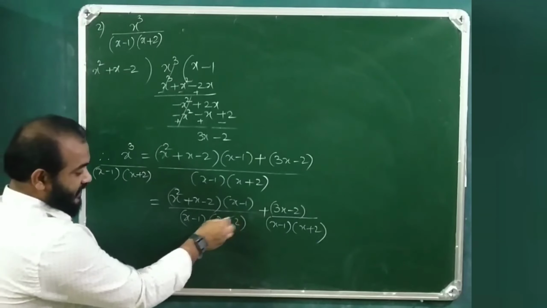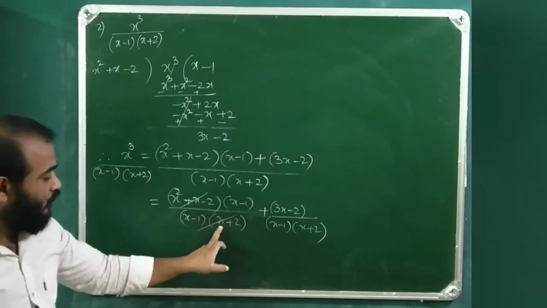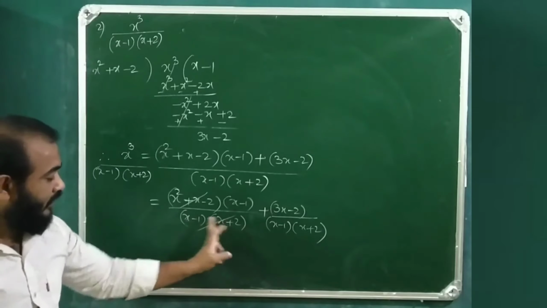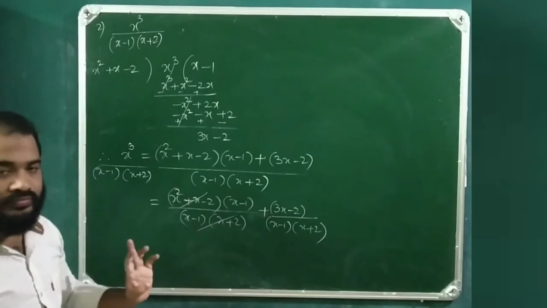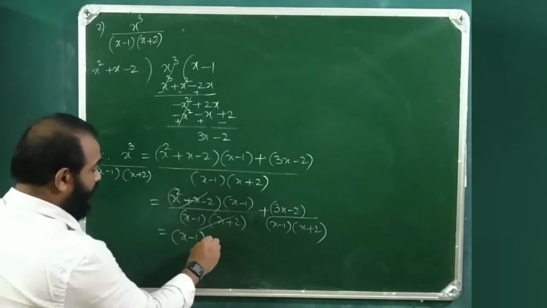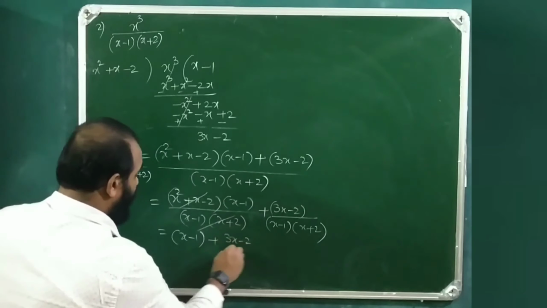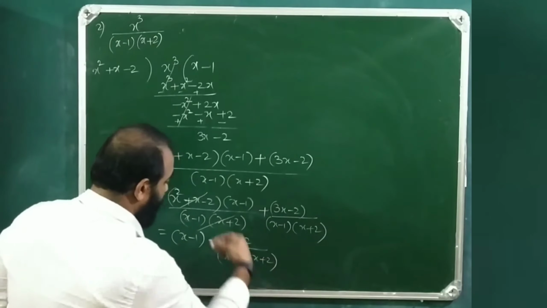These two get cancelled because x minus 1 into x plus 2 is nothing but x square plus 2x minus x minus 2, that is x square plus x minus 2. So this is equal to x minus 1 plus 3x minus 2 by x minus 1 into x plus 2.